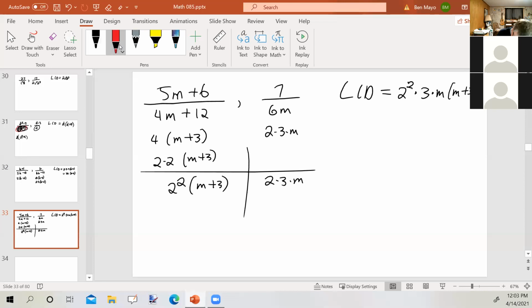And again, this 3 is not a factor. That 3 is, but you can't say, oh, this is a factor, so I don't need that. All right, so now I've got 2 squared is 4 times 3 is 12m times m plus 3. Good to go? Yes. All righty.